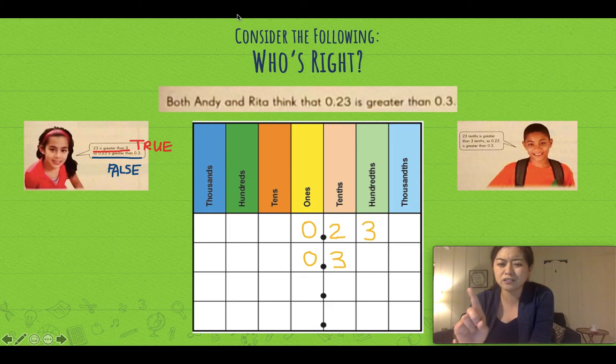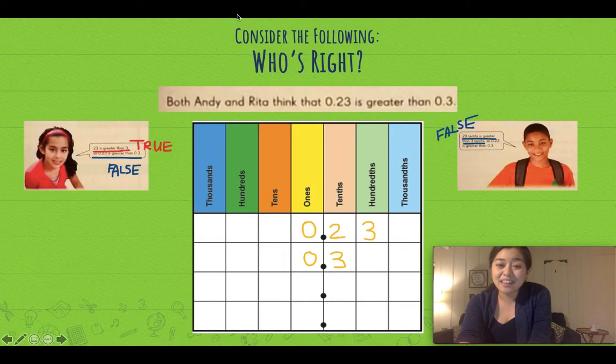So we have to go to the next biggest one, which is the tenths column. Oh, thankfully, they both have different numbers. Now, 3 tenths is greater than 2 tenths. So that means 0.3 is greater than 0.23. Okay, so Rita is wrong.